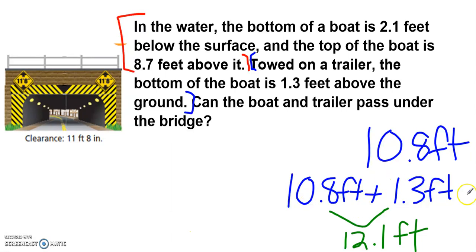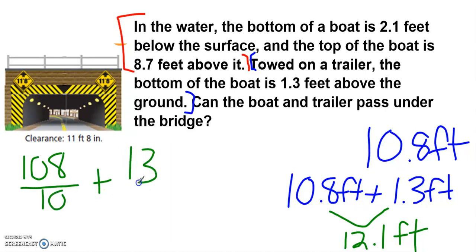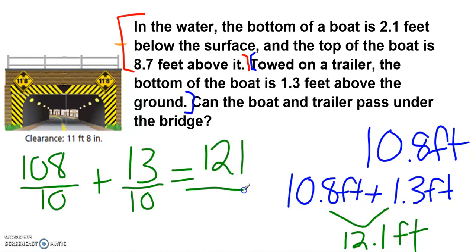But if you can't see how to do that, then just do your 108 over 10, because the 0.8 is tenths place, plus 13 over 10, that's going to give us, let's see, 108 plus 13. Mental math here. 121 over 10. And then you divide that and you get your 12.1 like we have been doing.